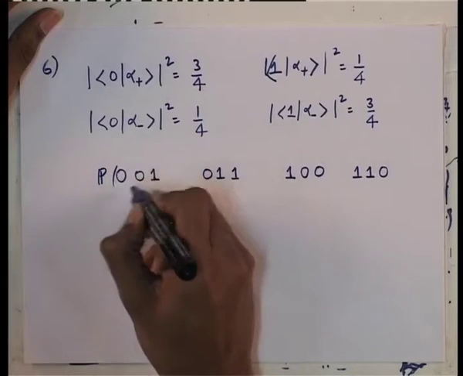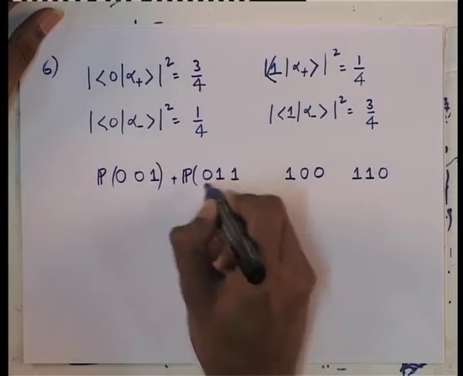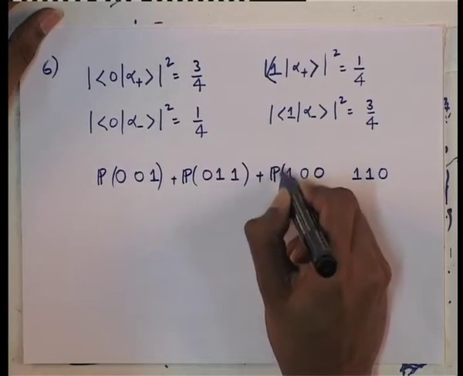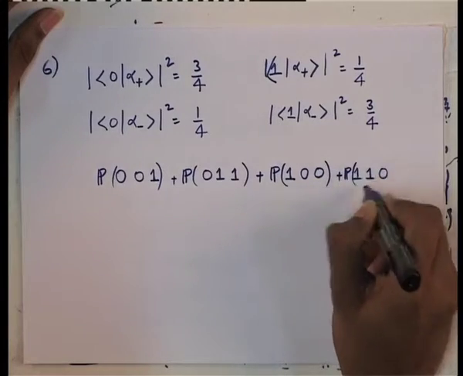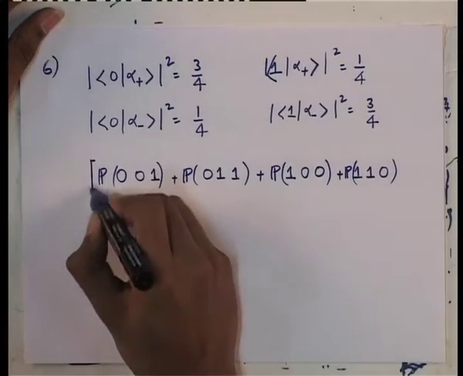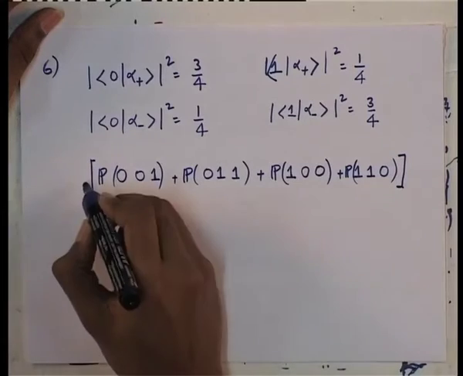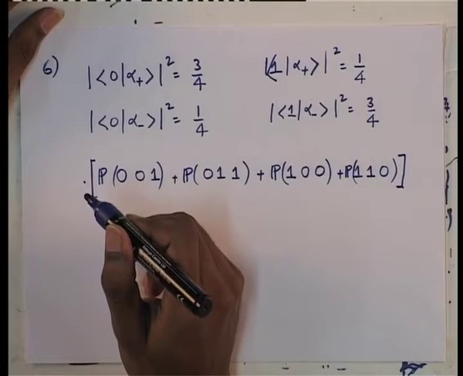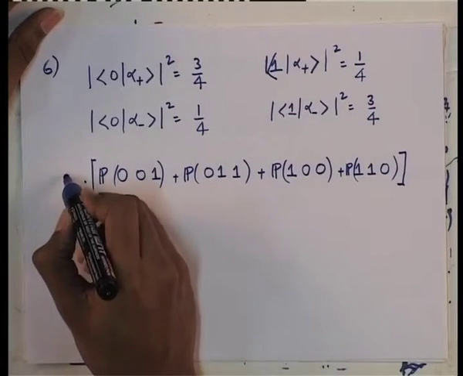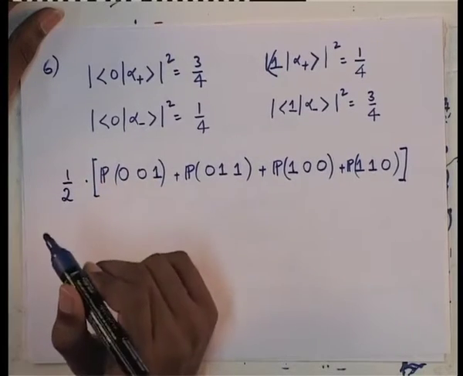So, probability of these events, and probability of choosing one of the bases is half by Eve.